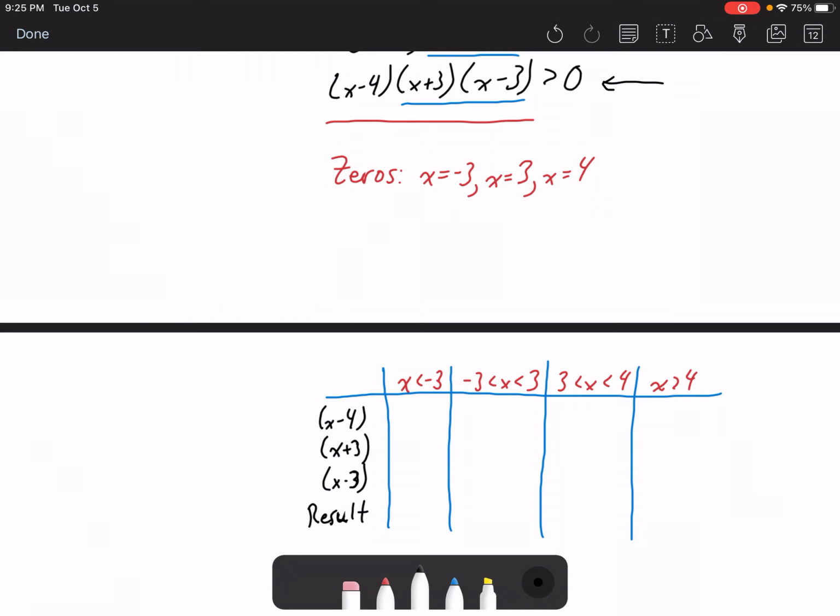So again, you choose values less than -3, and you substitute in for each of the factors. So I'm going to choose like -4, substitute it into x minus 4, I get a negative. Substitute into x plus 3, I get a negative. Substitute into x minus 3, I get a negative. A negative times a negative times a negative gives us a negative result. So try this out on your own and fill out the rest of the chart.